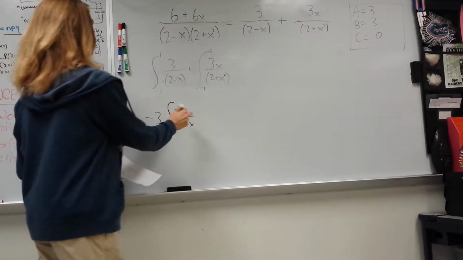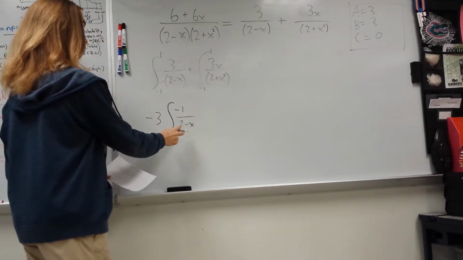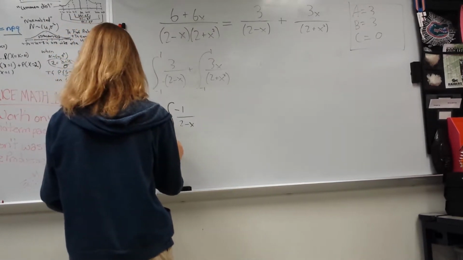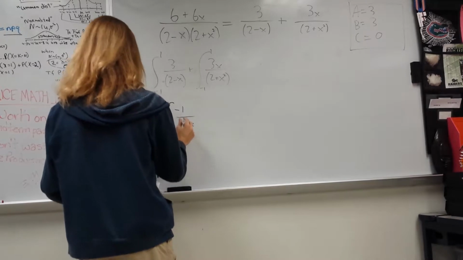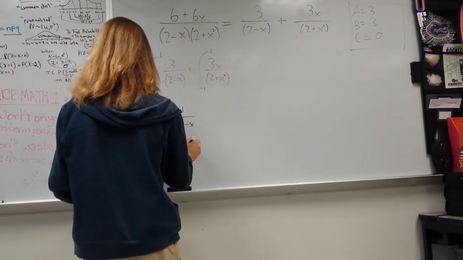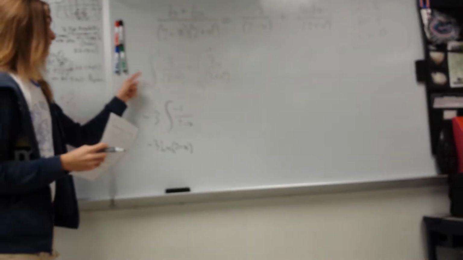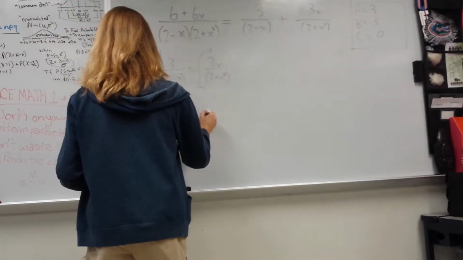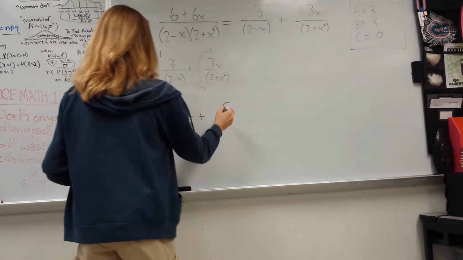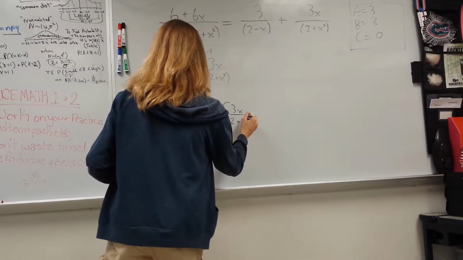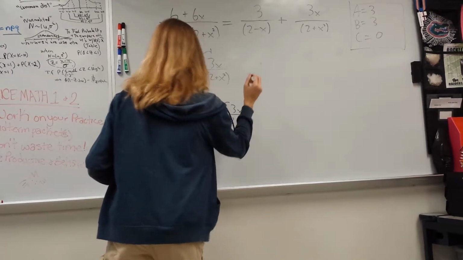Now that we have this, it works as an ln. So this is -3 ln of what's in the denominator, and that is the integrated form of this one. Then plus the integral of 3x over 2 plus x squared.